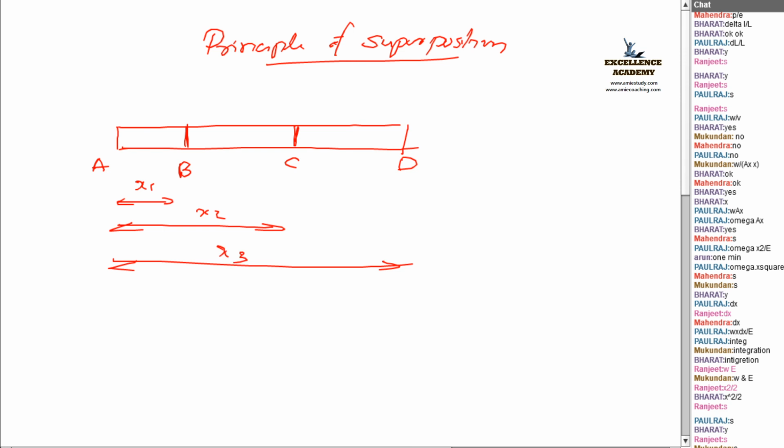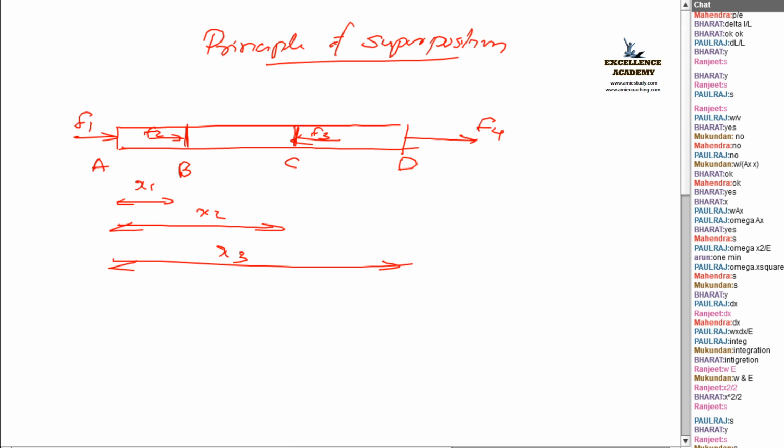Then here I can see that a force F1 is acting here, force F2 is acting here, force F3 is acting here, force F4 is acting here. On these sections also, the forces are acting. Clear?